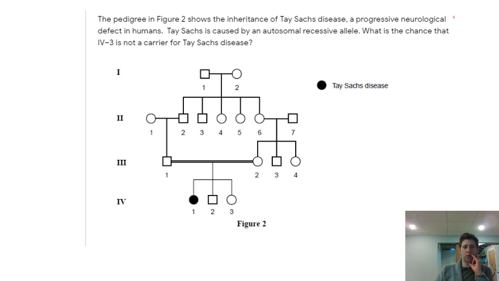So the chance that they are not a carrier is actually 1 in 4, 25%, because there's a 50% chance that they are a carrier and a 25% chance that they have the disease.